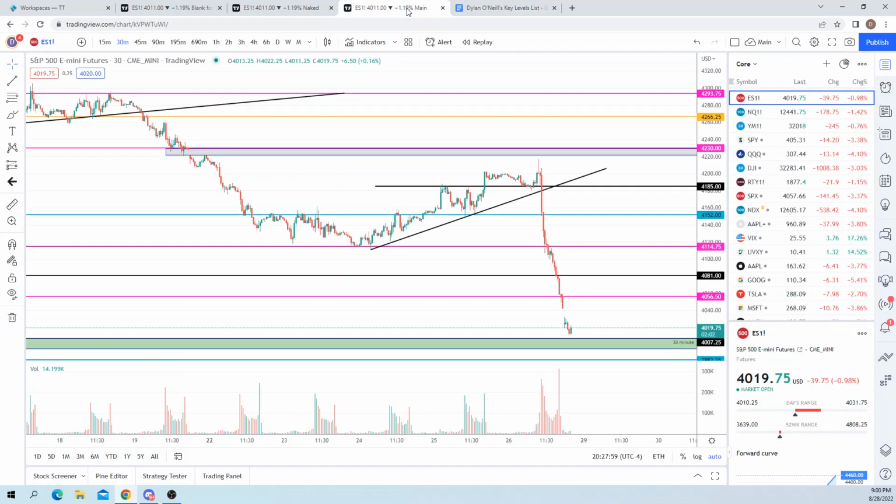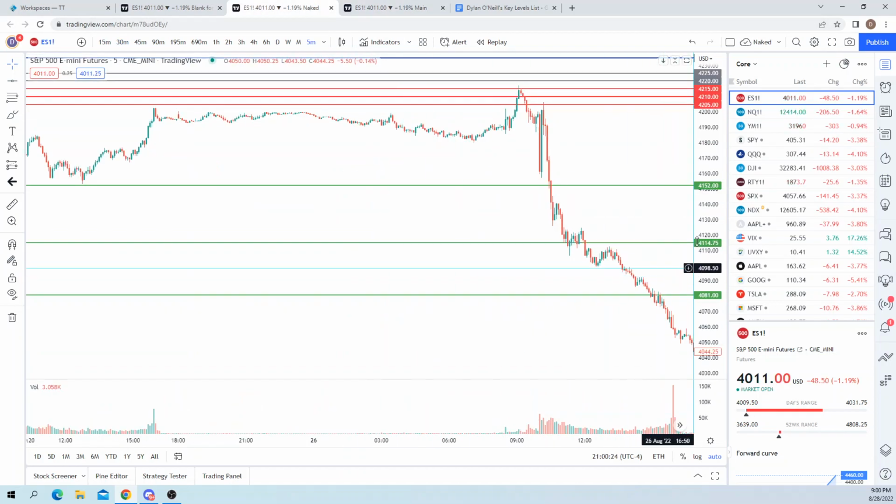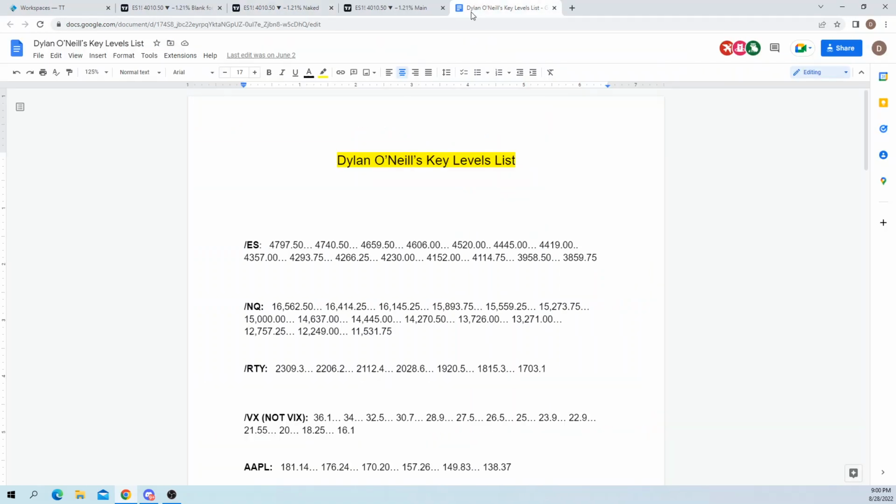Okay, so as I said, my targets were 41.52, 41.14.75. Look at this. Both are on here. That's why I targeted them. They are key levels. In other words, they are support and resistance levels.